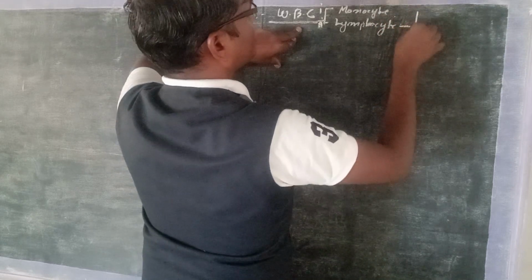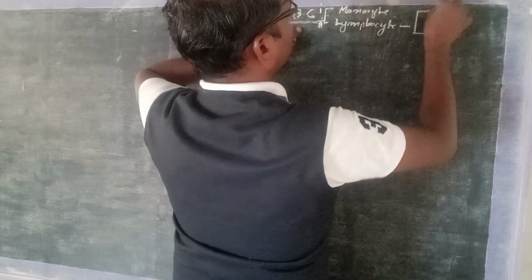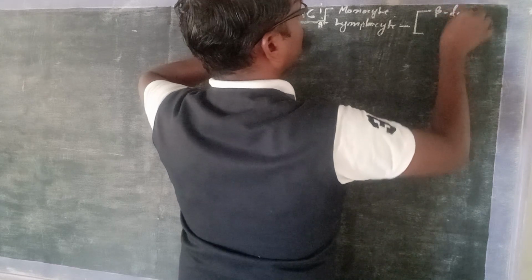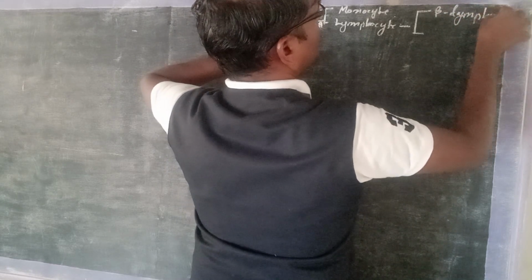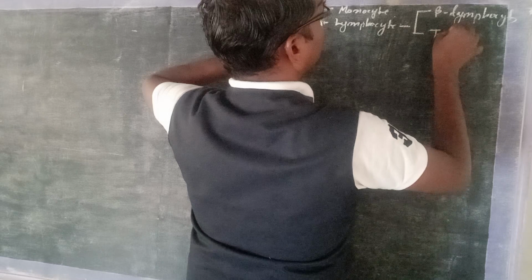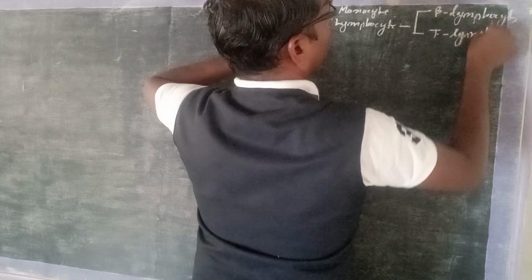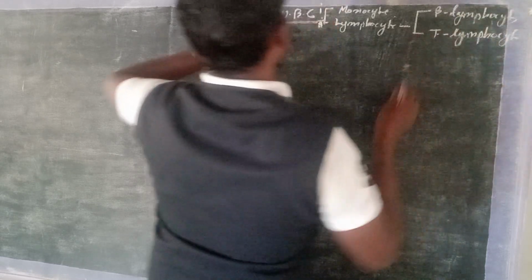The lymphocytes differentiate into two parts, B lymphocytes and T lymphocytes. First of all, we will start with the monocytes.